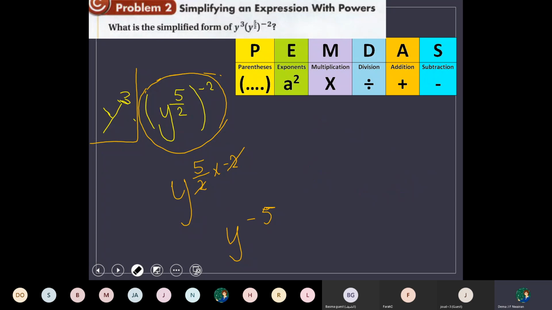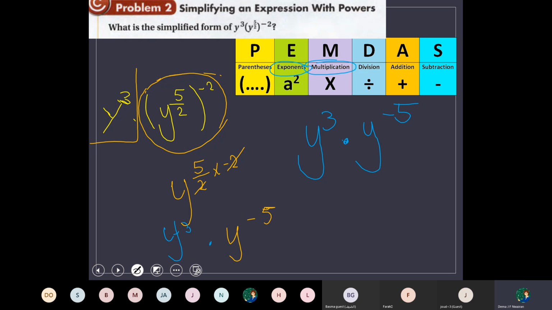Then, after that, we have now y cubed. y cubed multiplied with y to the power negative 5. So after we finish the exponent, let's go now to the multiplication. So y cubed multiplying by y raised to the power negative 5.